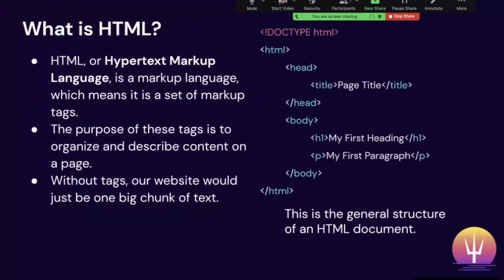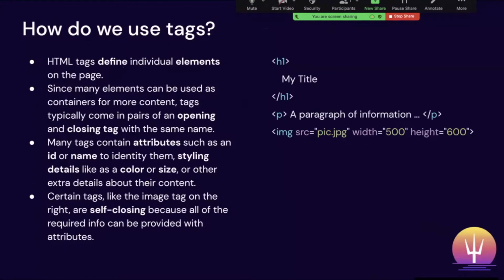So HTML stands for Hypertext Markup Language, and it's a coding language that uses tags to define its elements and structure everything in a very easy to read way where we can modify it however we need. When we want to use tags, we have two options.